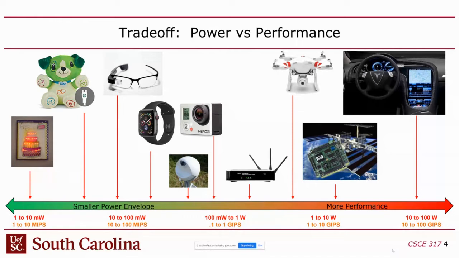On the left, we have a light-up greeting card, which, believe it or not, is a computer. There's a computer in there, and it's designed obviously to run for a long time, maybe years on a small battery. So obviously its performance is not very high.